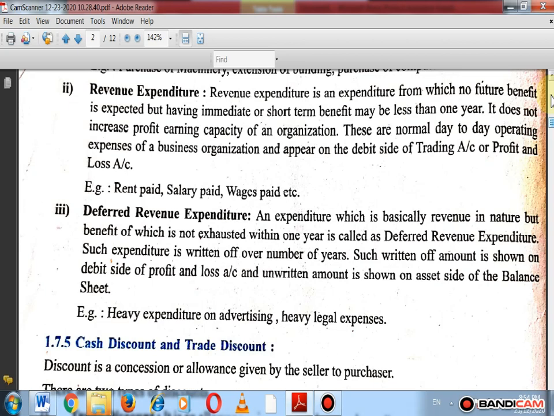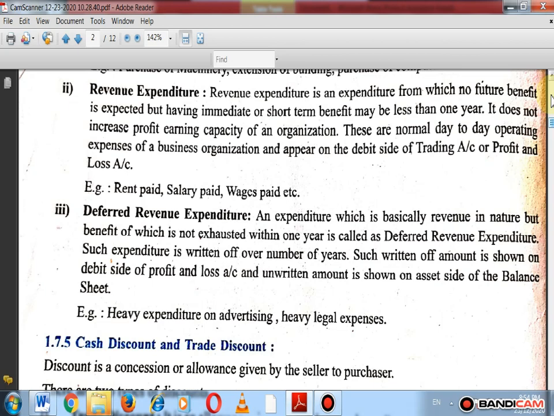If the expenses are indirect or operating in nature, day-to-day expenses of the business organization, they are recorded on the debit side of the profit and loss account.